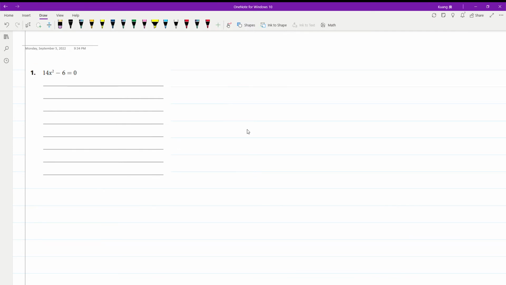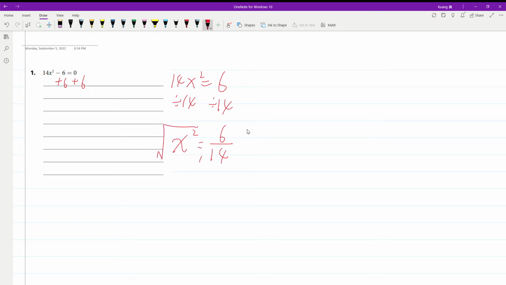Question 1. First, you add 6 to both sides of the equation. You get 14x squared equals 6, and divide both sides by 14. So you get x squared equals 6 over 14. And then you take the square root of both sides of the equation.